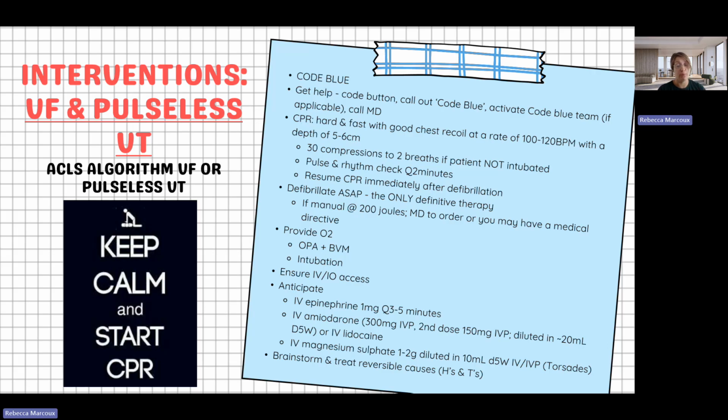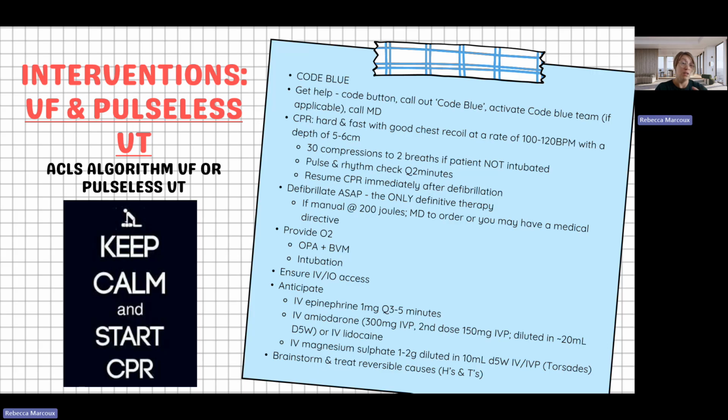As soon as you defibrillate, get back on that chest, CPR for another 2 minutes. So one of the biggest mistakes that we see in practice is after shocking, we do a rhythm check, which is not what we should be doing after defibrillation. Hop back on that chest, 2 more minutes. Then we can do another pulse and rhythm check at the end of the 2 minutes.